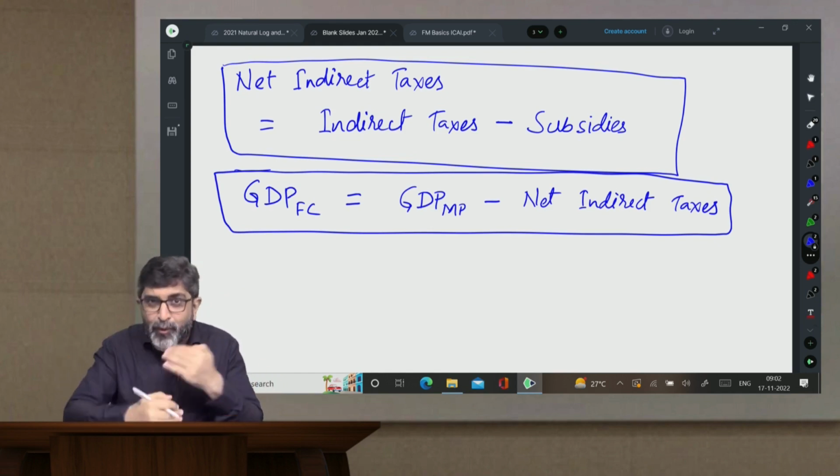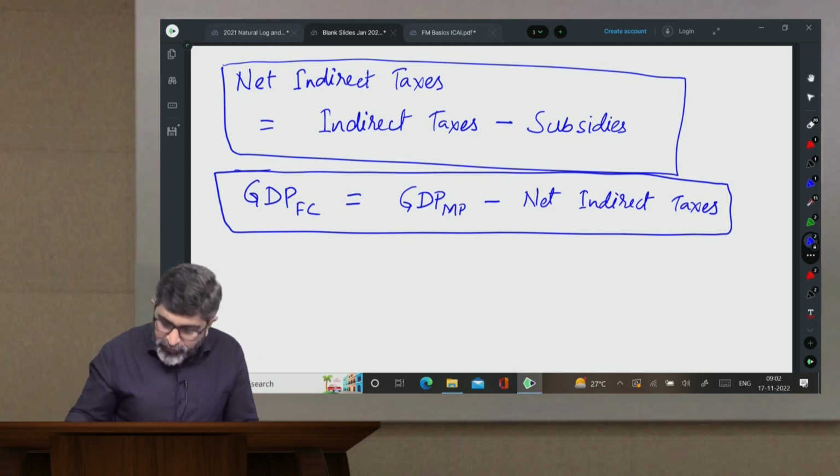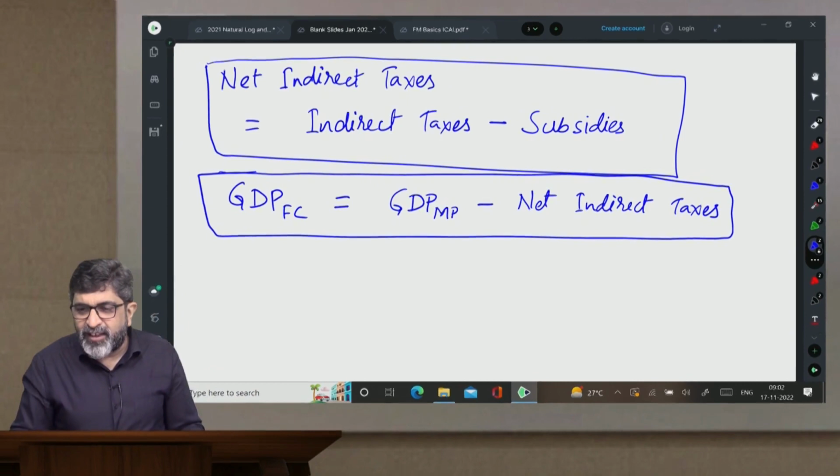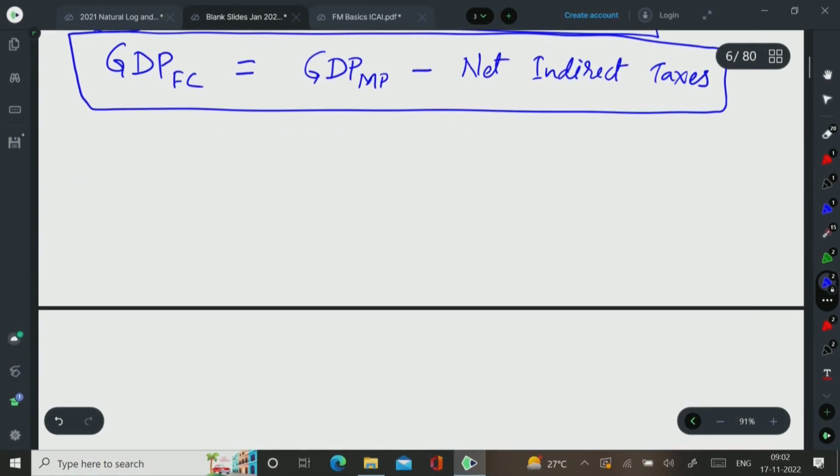So let me write up all those parameters which will connect all those 4 factors. Let me expand the screen size for you. NDPFC, that is net domestic product at factor cost, will be GDP at factor cost minus depreciation.